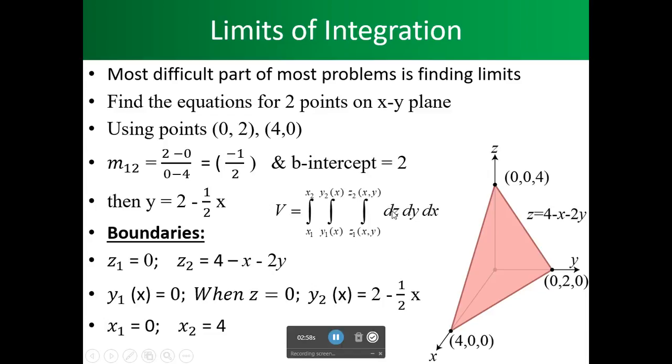Now notice we would like to do dz first, then dy, then dx. So to do that, we first found the boundaries for z, which is our internal integral, then the boundaries for y, which is our second set, and now the boundaries for dx.